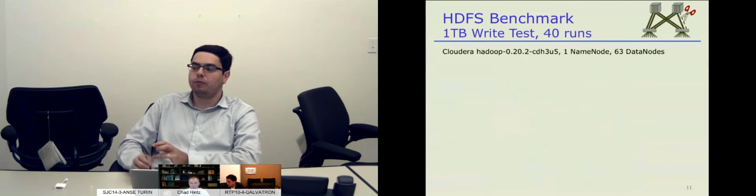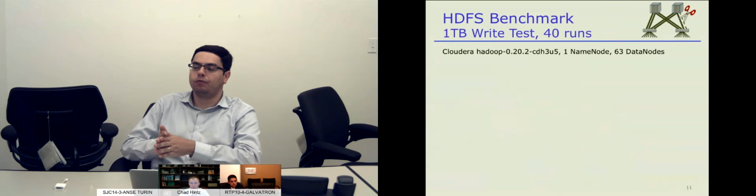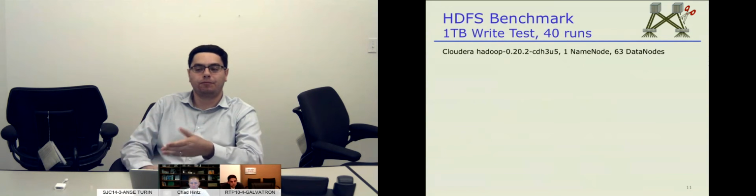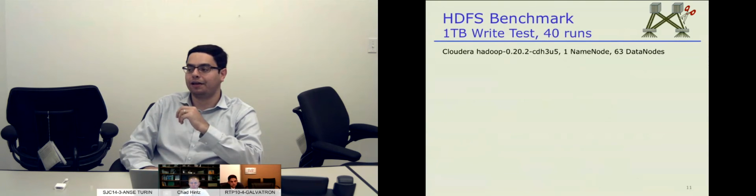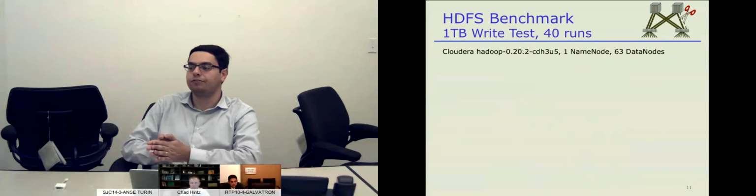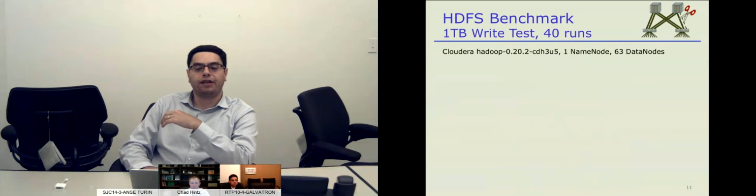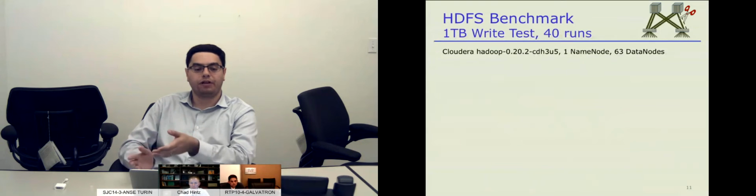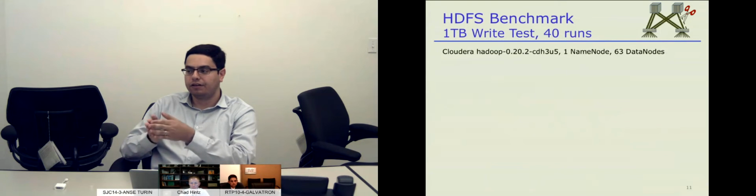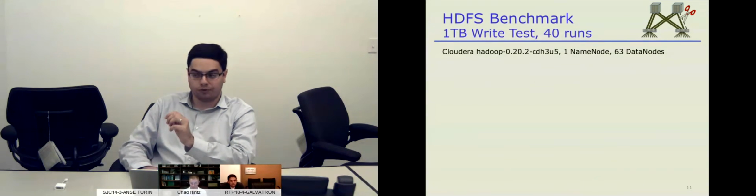So let me give you one simple benchmark that we tried. There are a lot more of these experiments in the CONGA paper, and I encourage you to look at those if you're interested. But this is just a benchmark where we set up a Hadoop cluster across 64 nodes.